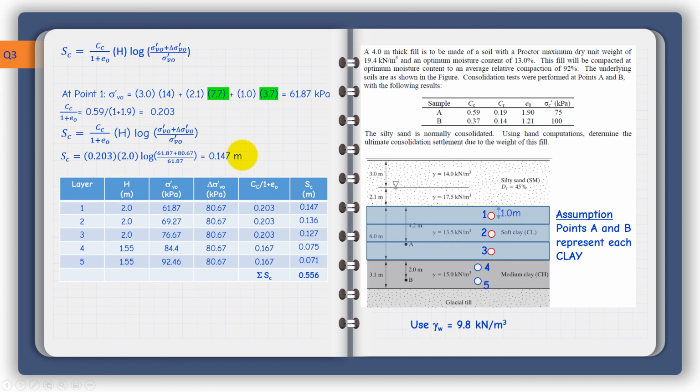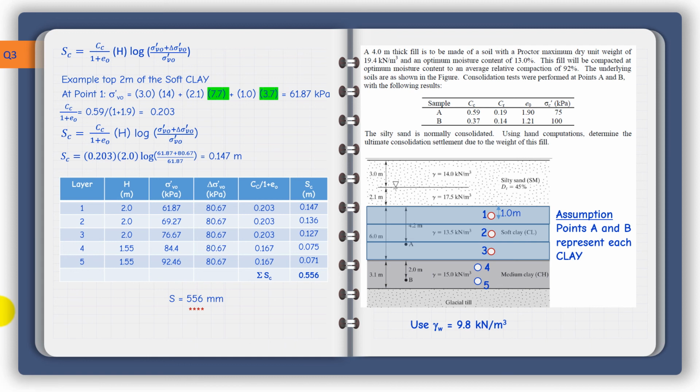You need to be mindful of the units because we are using meters for the thickness, being 2 meters here. I repeat this for the rest of the sublayers, 1, 2, 3, 4, 5. I add them all, and this has given me 0.556 meter, or if you like, 556 millimeter.